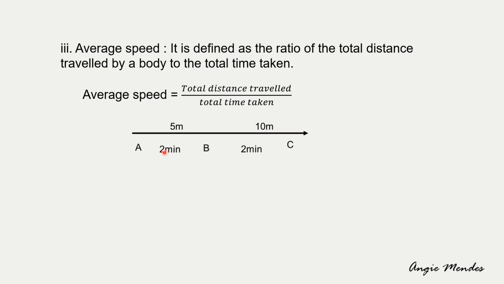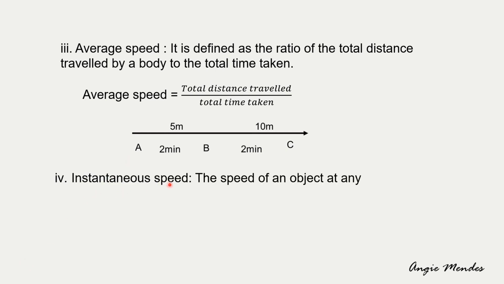So you add 2 plus 2, you will get the total time taken. This is for the average speed of the object, which is the total distance traveled upon the total time taken.